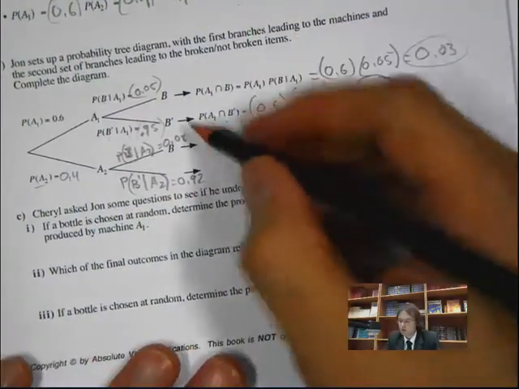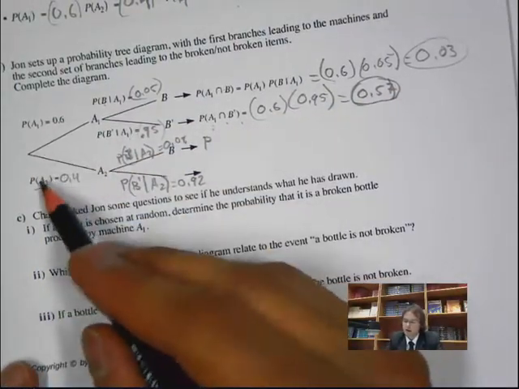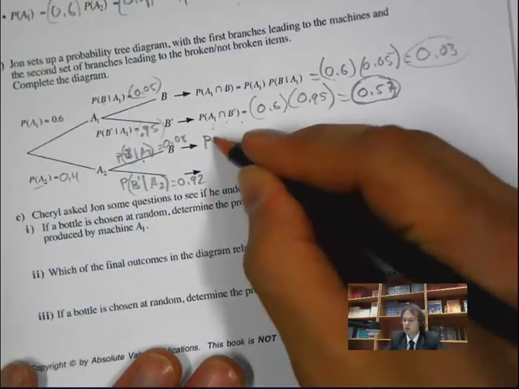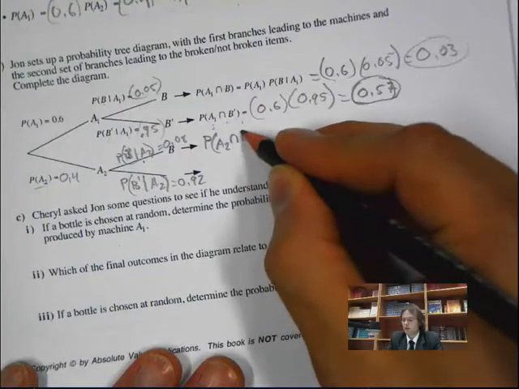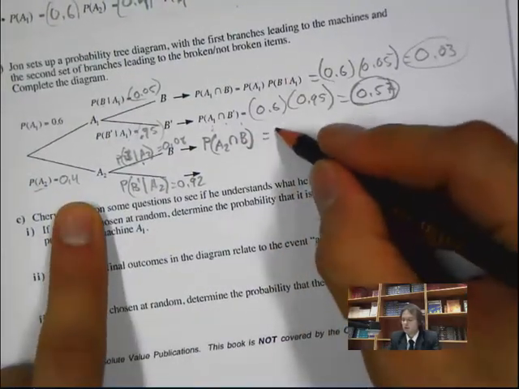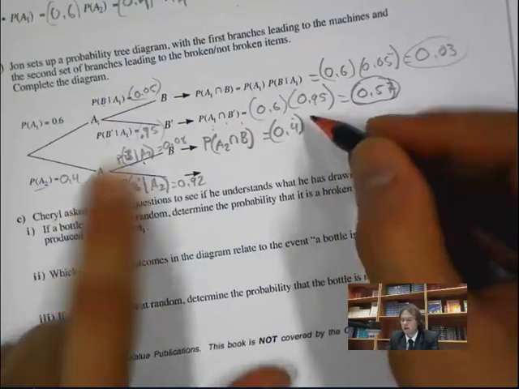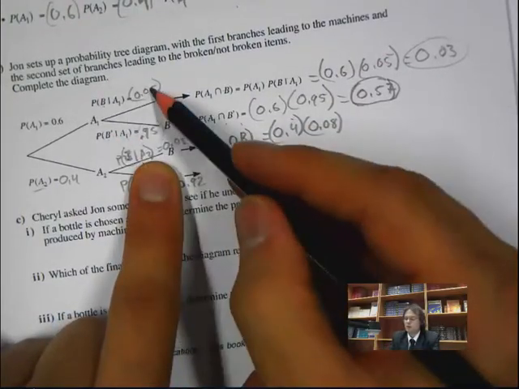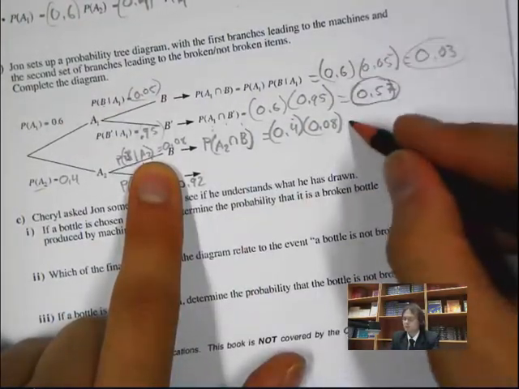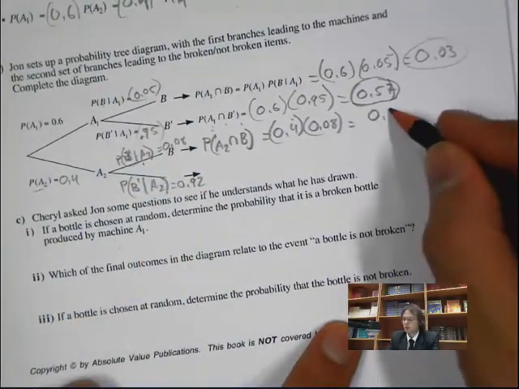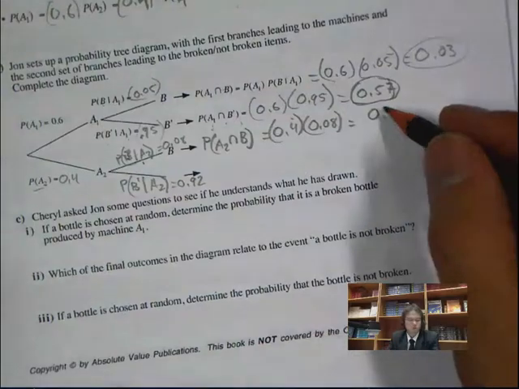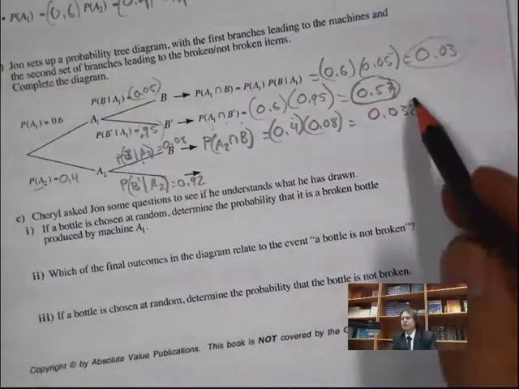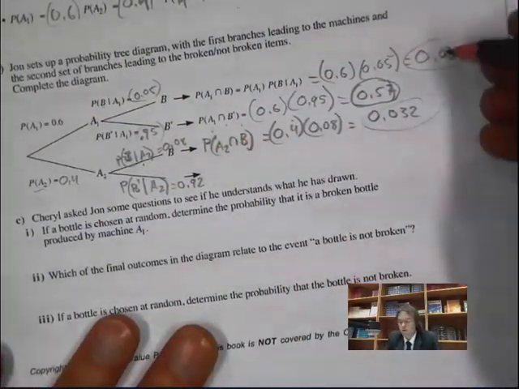So the first one here, we have it from A2 and it's broken. That is 0.4 multiplied by 0.08, because notice the probabilities for them being broken are different for each machine. This ends up giving me 0.032. So that's around 3%, slightly more than the previous one.